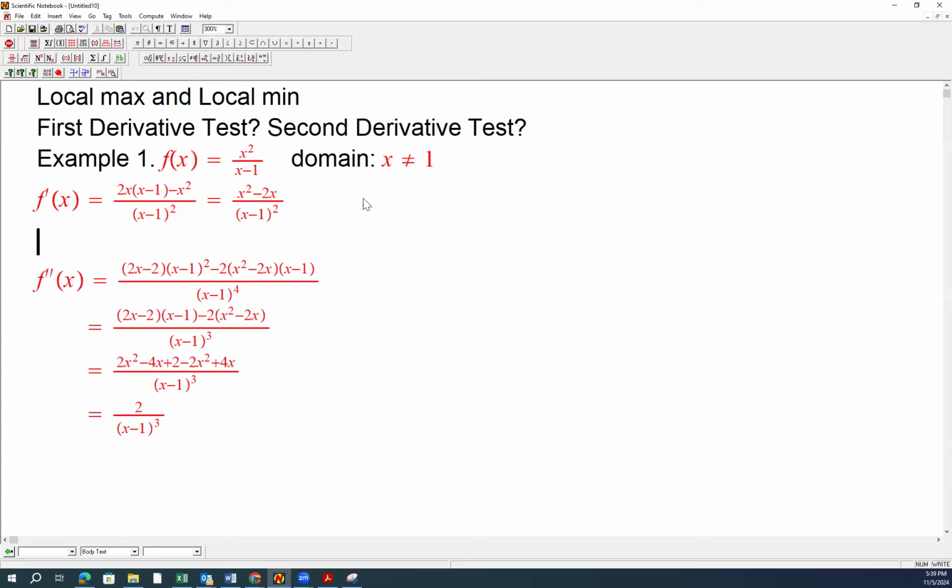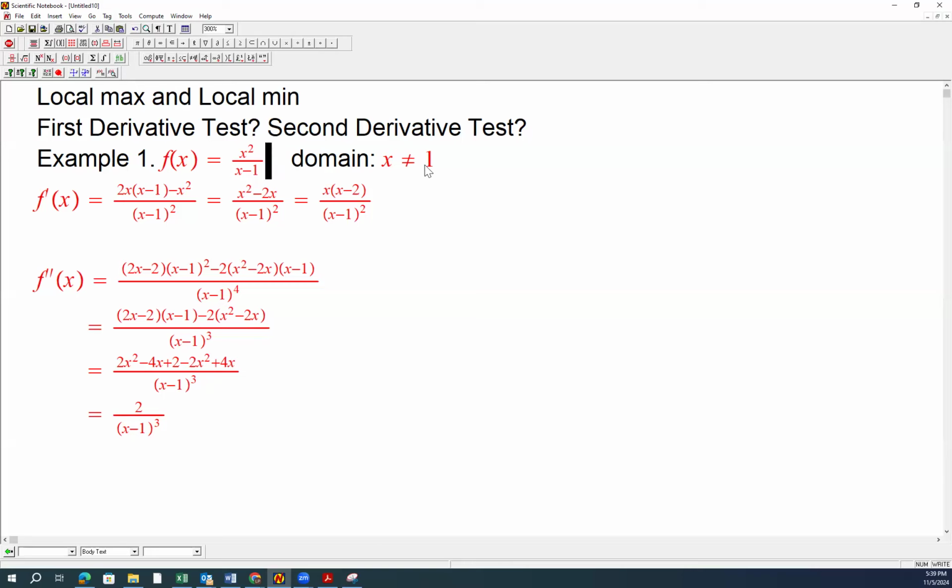From the first order derivative, we got x squared minus 2x over x minus 1 squared. If we factor the top, we get x times x minus 2, and the denominator, of course, is x minus 1 squared.